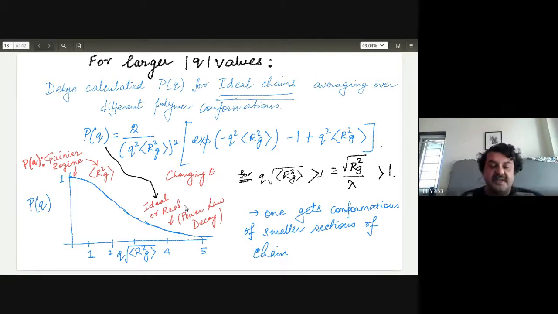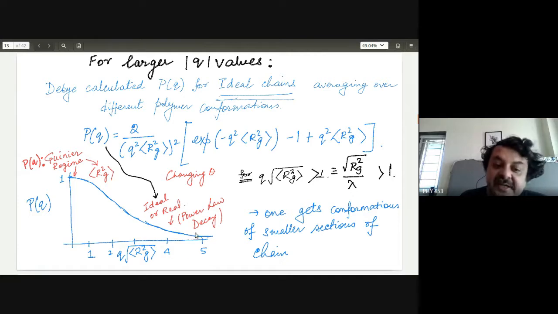conformation. If it doesn't fit and has some other power law decay, then you might have a real chain. So this is for large q. Large q means smaller length scales, and small q means large length scales.